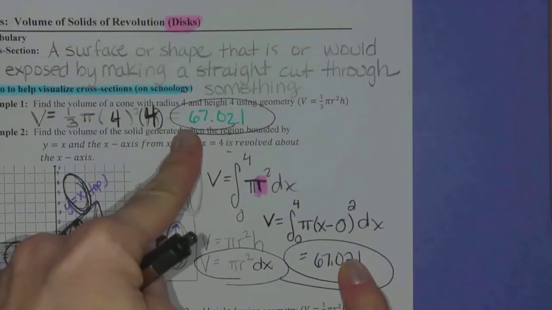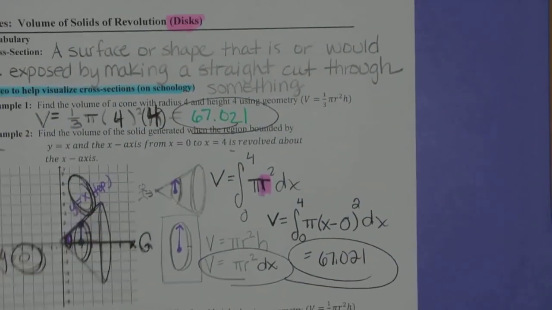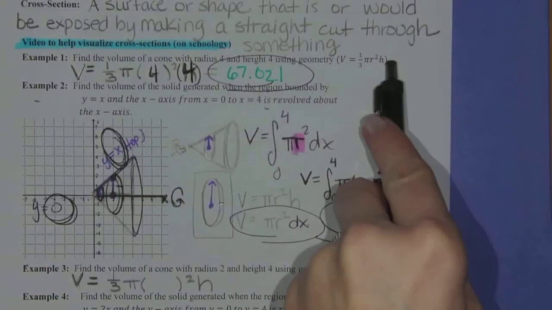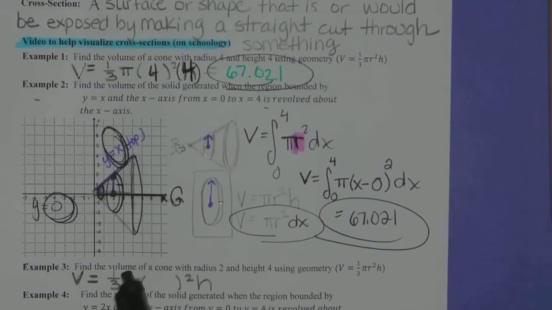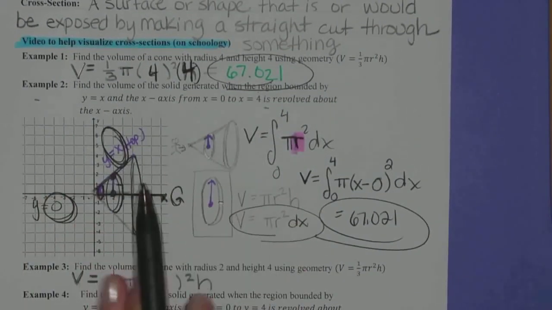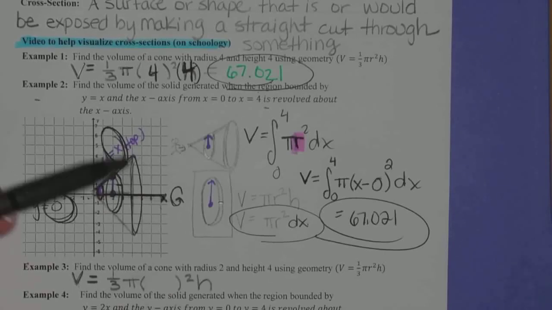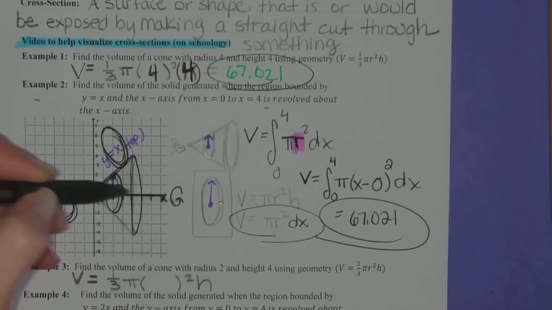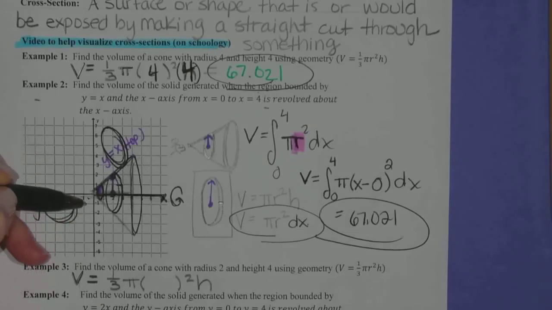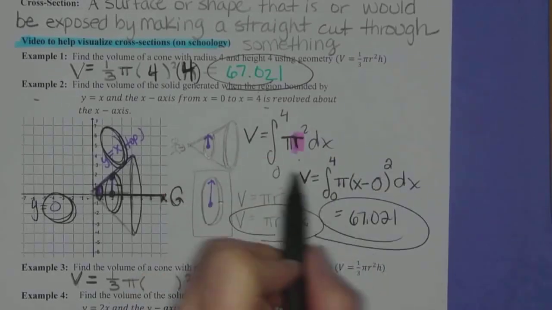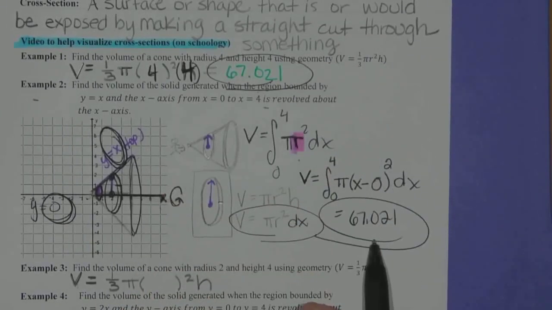Bingo. Check this out. This is what's so awesome about this lesson. I get excited about this lesson. Up here we found the volume of a cone by geometry. Down here we found the volume of a cone completely differently by finding a cross-section of the 3D figure, making an infinite number of such cross-sections called disks, adding all the volumes of said disks together to get total volume.